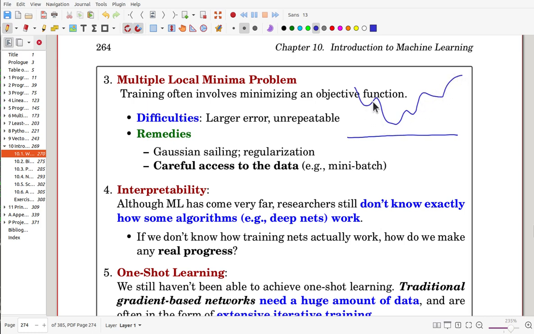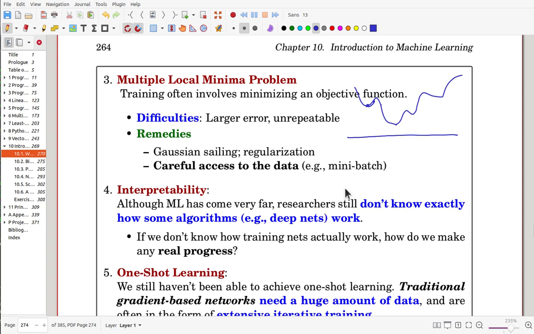If your initial value starts from here, then it will converge to this point. If you start from here, it will go over there. But in the beginning, we don't know where the global minimum is. So depending on your choice of initialization, the model can be quite different and sometimes produce larger error. Anyway, it is not repeatable.